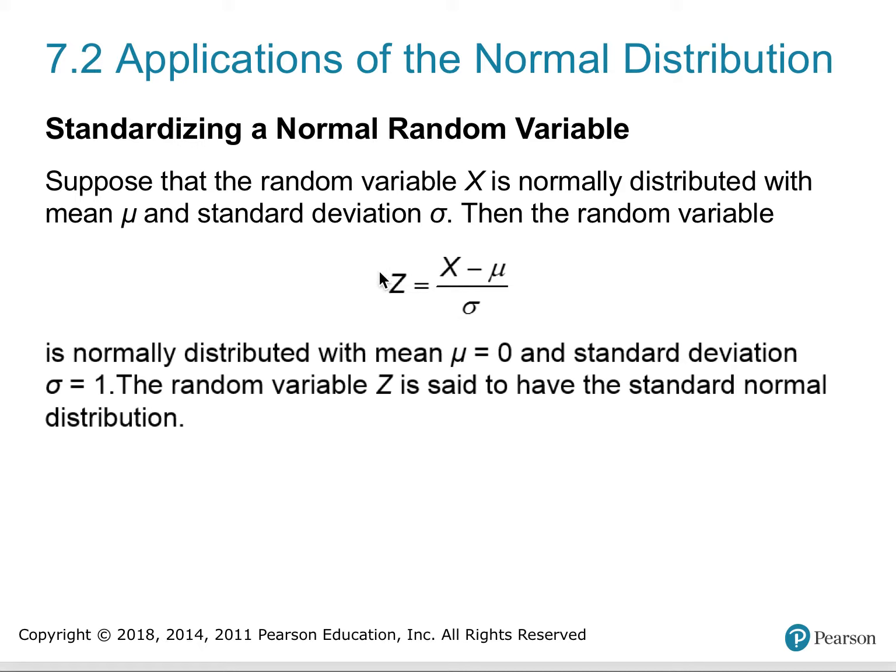So what this does is it shifts our particular information into a bell-shaped curve where the mean is 0 and the standard deviation is 1. That's all we're doing. It's just shifting our information to an easier bell-shaped curve. So this is really powerful for us.